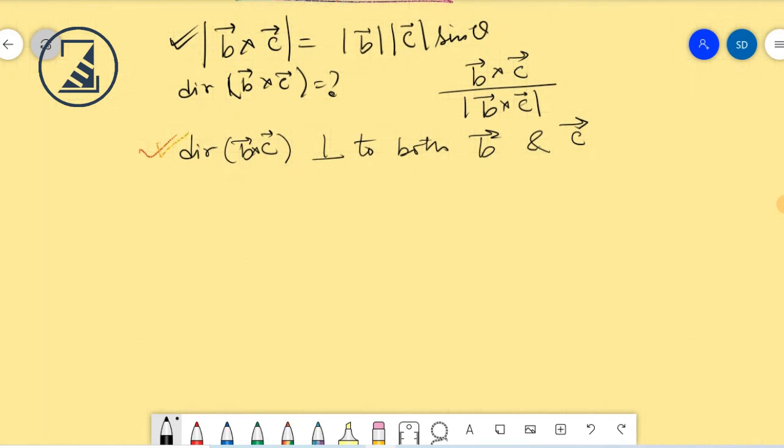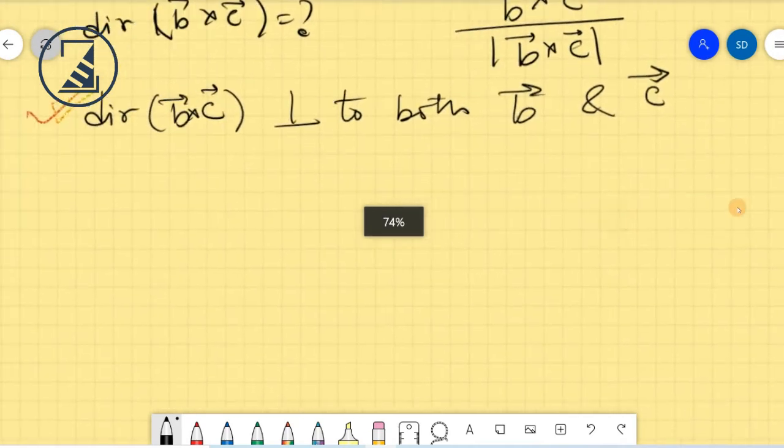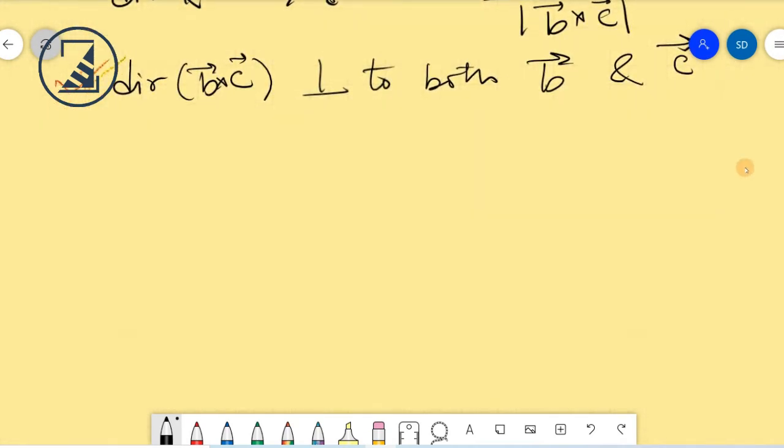To verify that B cross C is indeed perpendicular to B vector and C vector, we will use the definition of dot product. If B vector is perpendicular to B cross C, then this relation must hold: B dot B cross C must be equal to 0, because B vector and B cross C vectors are perpendicular. Let's check whether this is 0 or not.